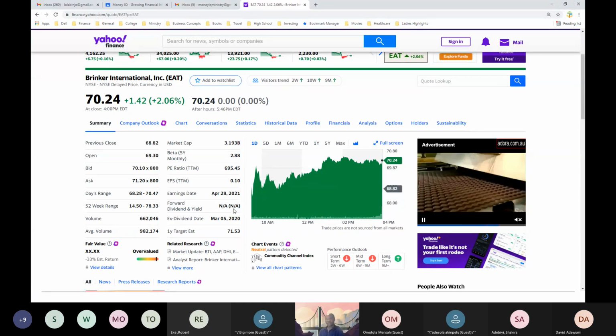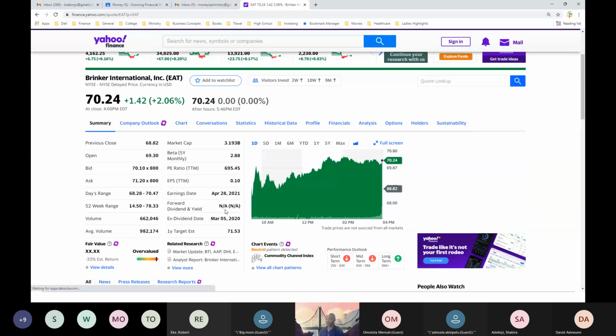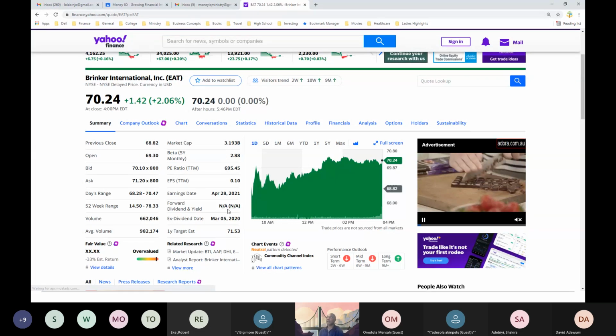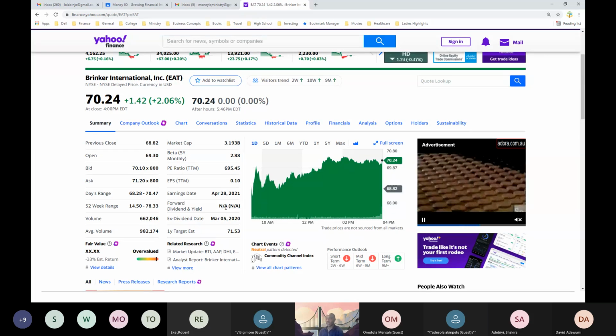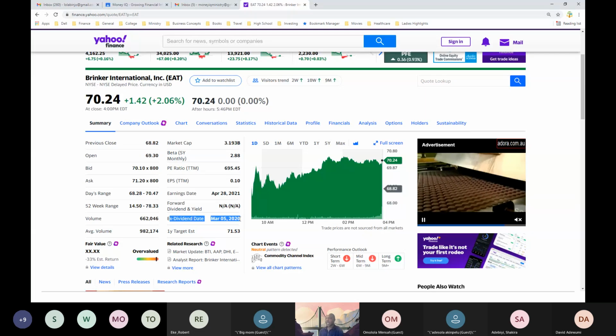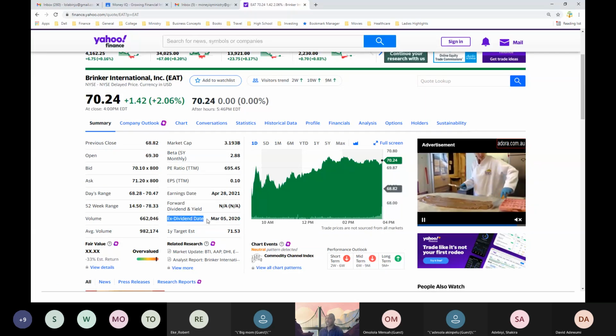Generally, when they say yield from a financial point of view, it means the percentage impact that the dividend amounts to. So you can see it from here. Here, though, they said the ex-dividend date.